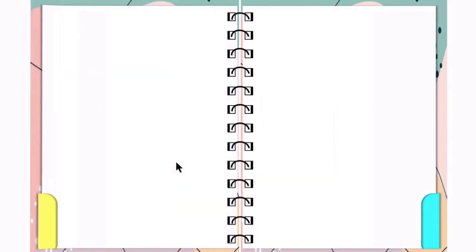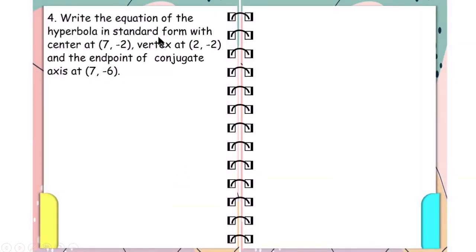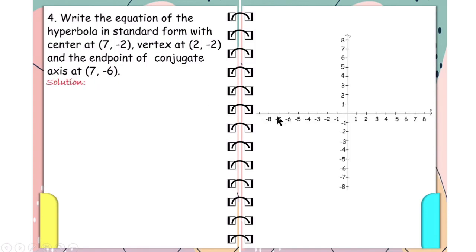Another example. Write the equation of the hyperbola in standard form with center at (7, -2), vertex at (2, -2), and one of the endpoints of the conjugate axis at (7, -6). First, plot the points. The center (7, -2) is located here. One of the vertices has coordinates (2, -2).